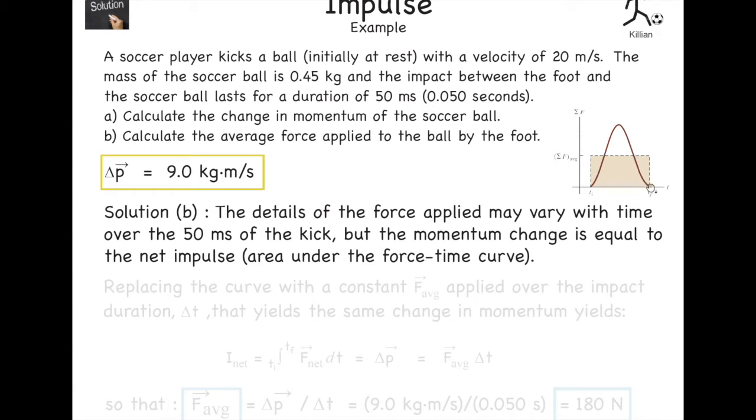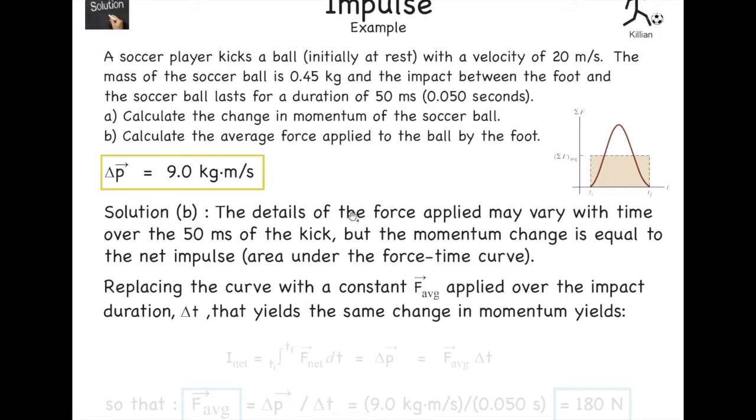And what we will do is replace this odd-shaped curve with a rectangle, which has the same area underneath the curve. And that means that the total momentum change will just be that average force times the total duration, okay?